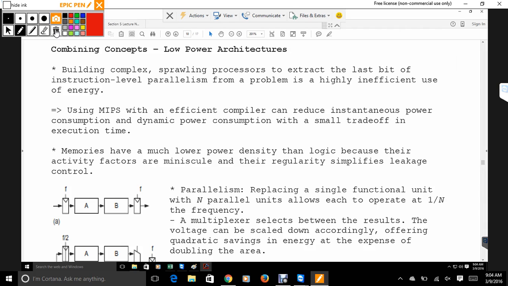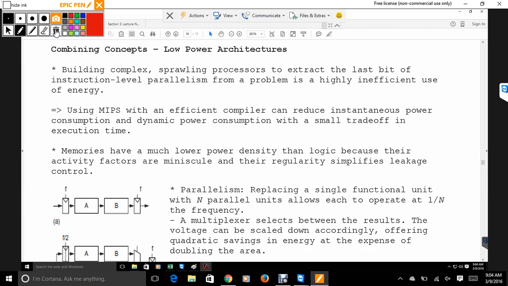Decreasing the voltage is just general, but I'm saying specifically, we significantly increased the throughput by adding more area. We've almost doubled our throughput because we're doing twice as many instructions now. So let's say you're looking for a design compromise. But by doing this, you're increasing power.